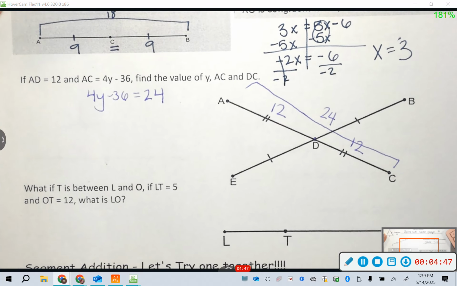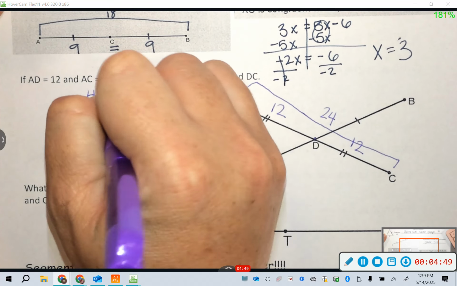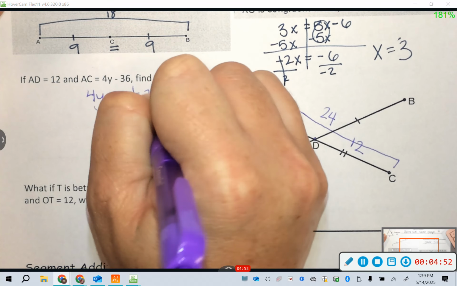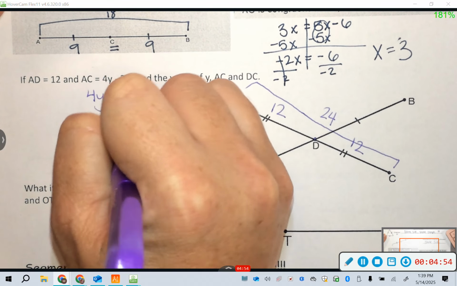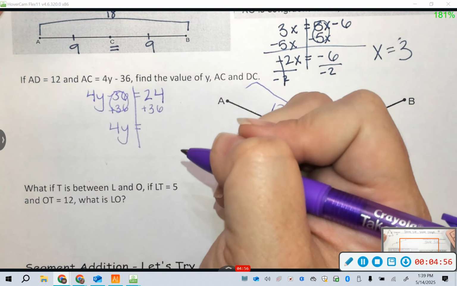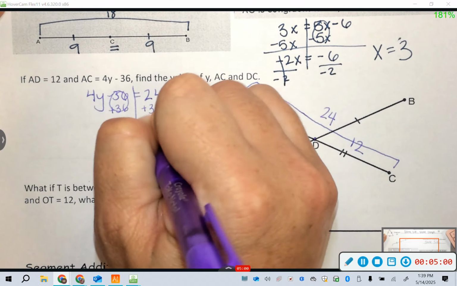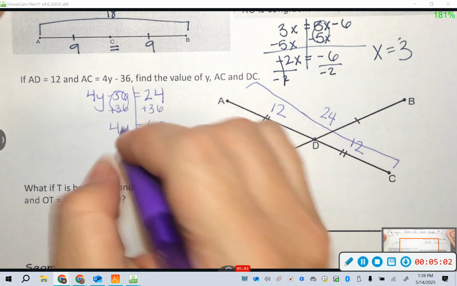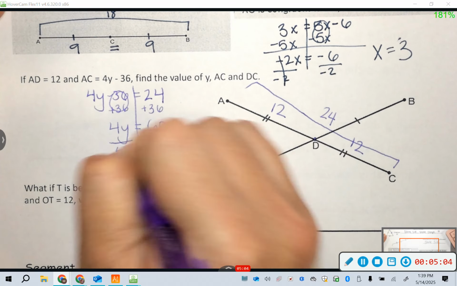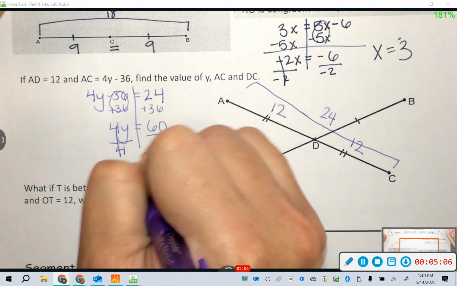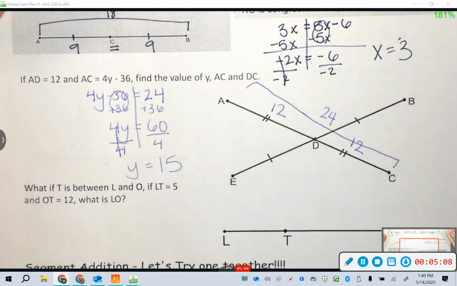Add 36 to both sides. 4y equals what? 60. Now we divide by 4. And we get y equals 15.